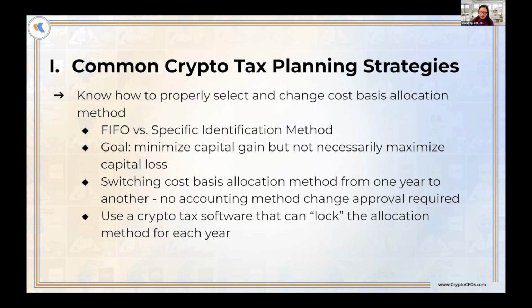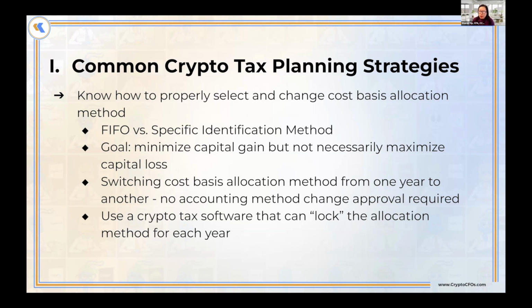Also, such a change is not included in the list of accounting method changes that require the IRS approval. So, in other words, you can change the cost basis allocation method from year to year on your own without having to apply for any approval.